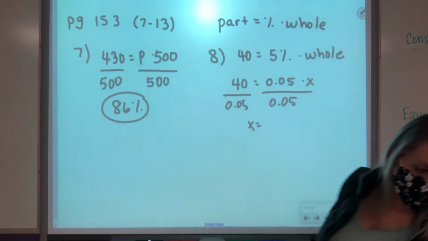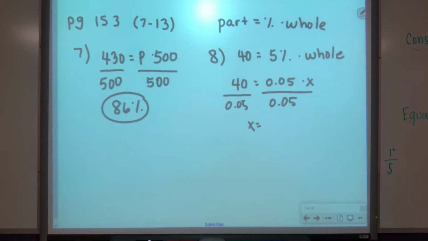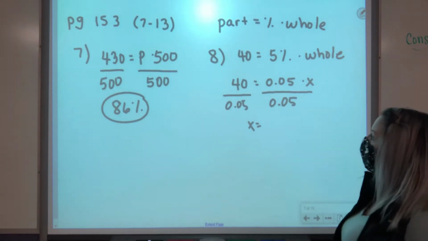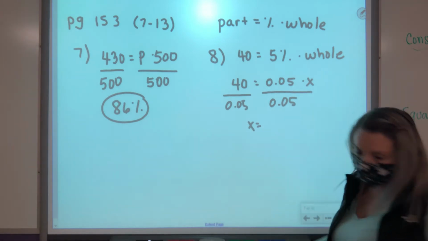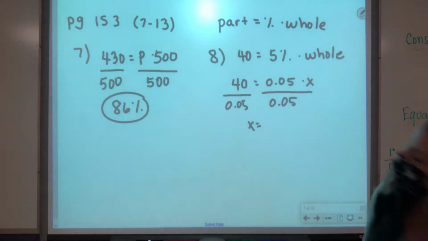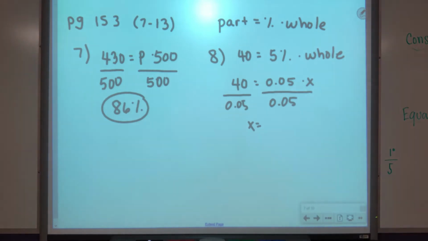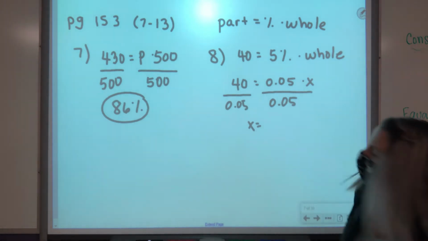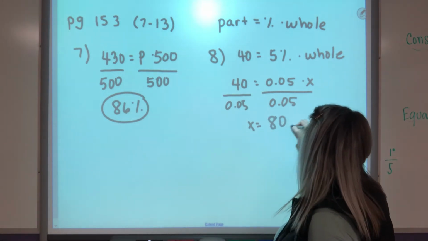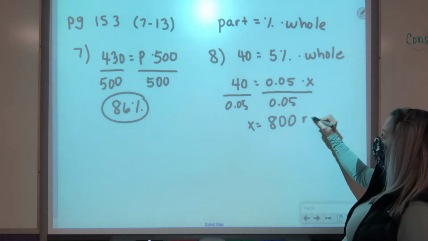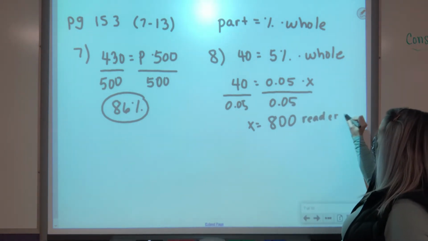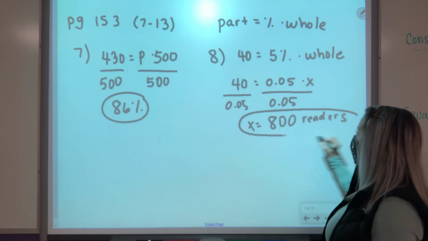So x equals 800, yes? Okay, so that means the newspaper has a total of 500 readers. Or sorry, 800 readers.